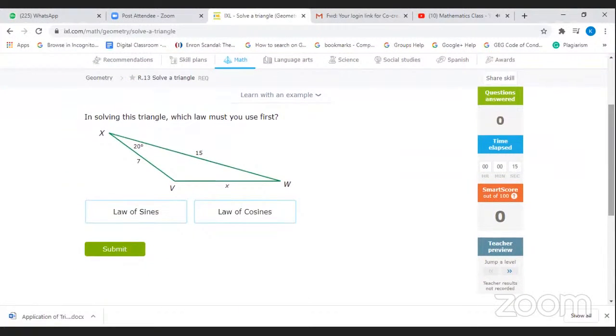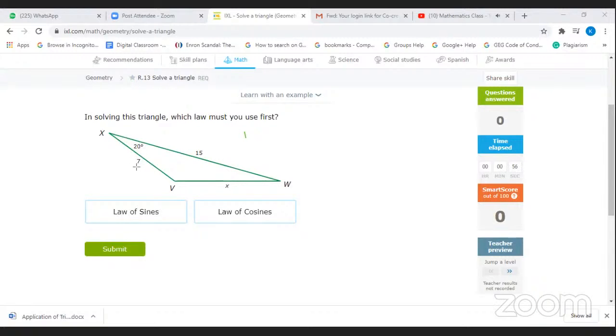The first question that we have here says, in solving this triangle, which law must you use first? So how do we do this? If you look at some of the things that have been given here, we have said that they must give us 3 parameters.